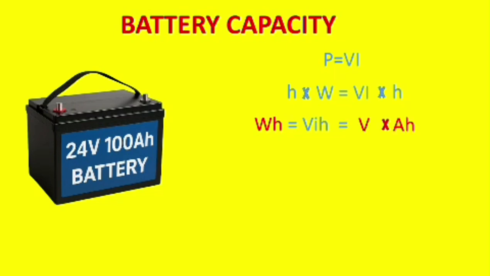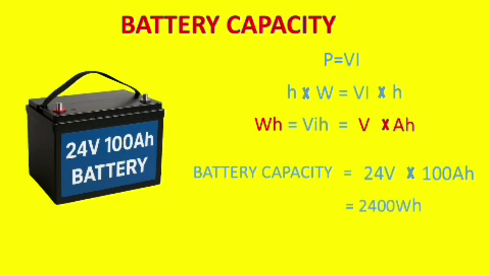So for this battery, the capacity is 24 volt into 100 ampere hours, which means 2.4 kilowatt hours. But you can't discharge it until 100% of its battery capacity.